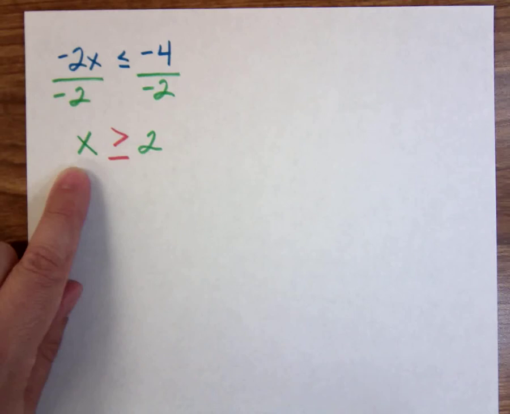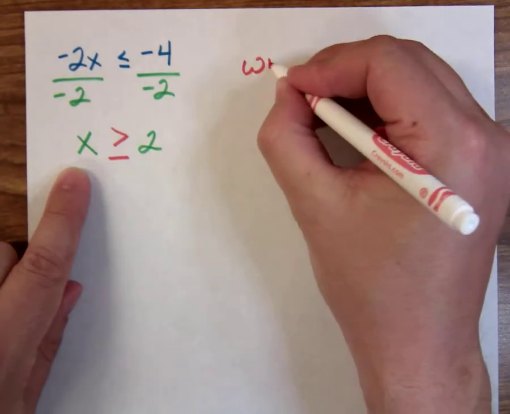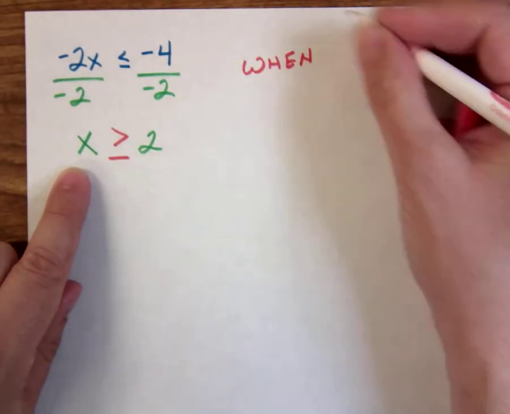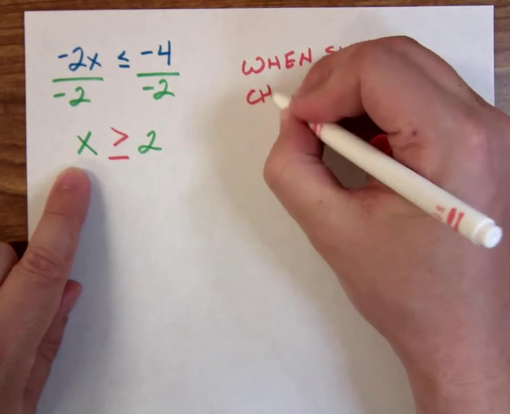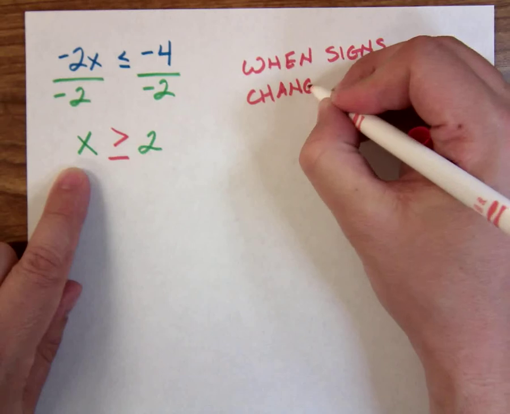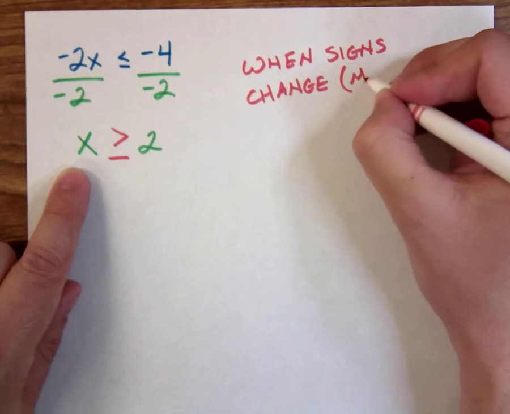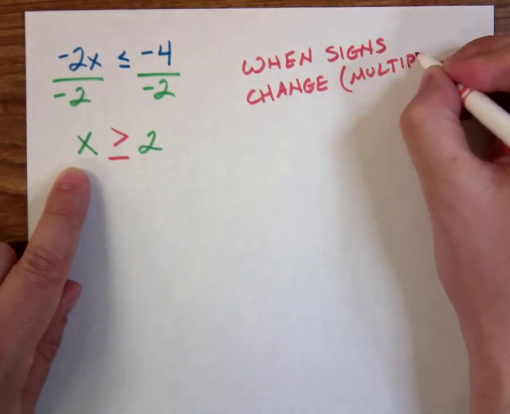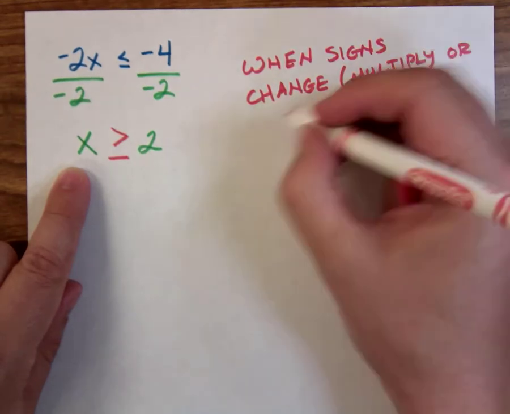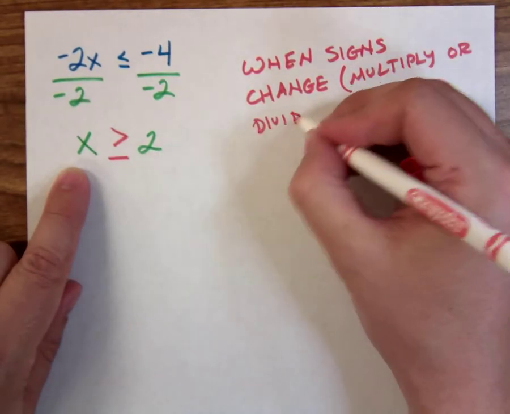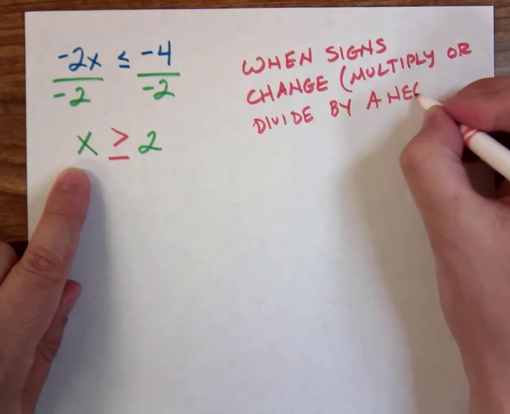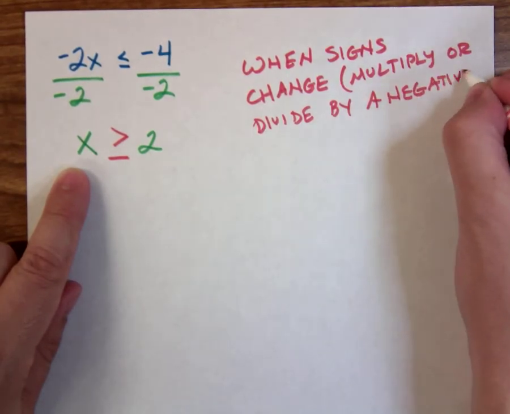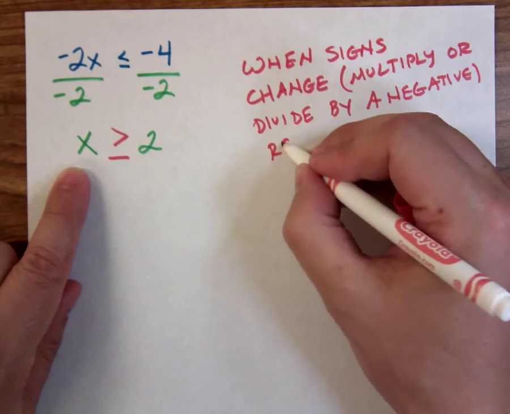Like that. When signs change, and this only happens when you multiply or divide by a negative. Multiply or divide by a negative. Reverse the inequality.